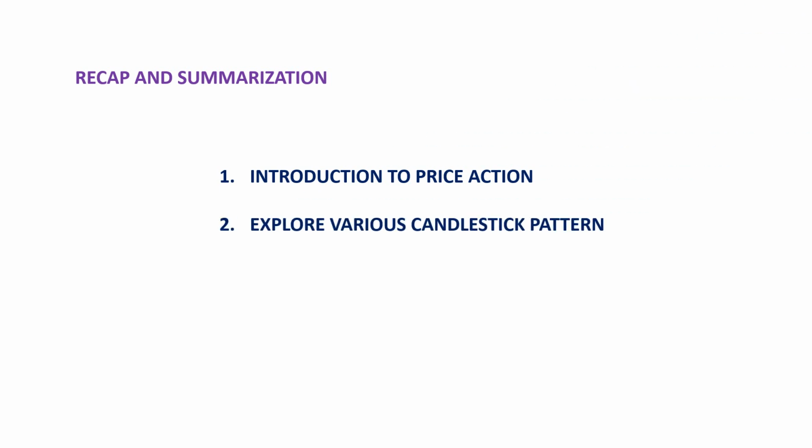Recap and summarization. In this video, we cover key aspects of price action analysis. We started with introduction to price action and its importance in trading. Then we explore various candlestick patterns such as doji, engulfing pattern, hammer, and shooting star, and learn how to interpret them using real-world chart examples. Next, we discuss support and resistance level, including how to identify and draw them on a chart, and the significance of breakout and pullback scenarios.